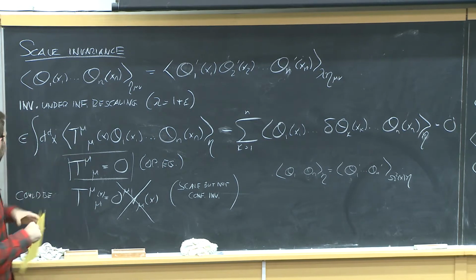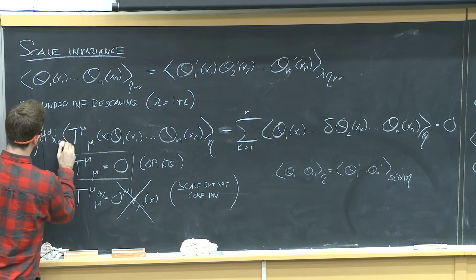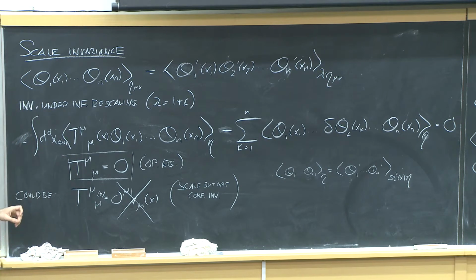But if T mu nu is 0, then I could have also had an epsilon of x in here. And so I could have been doing a position-dependent rescaling of the metric.